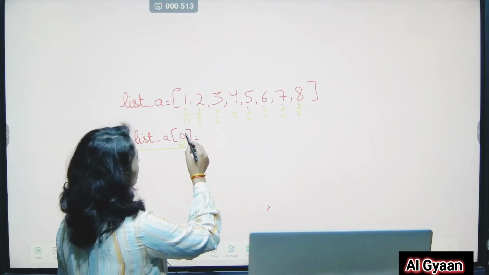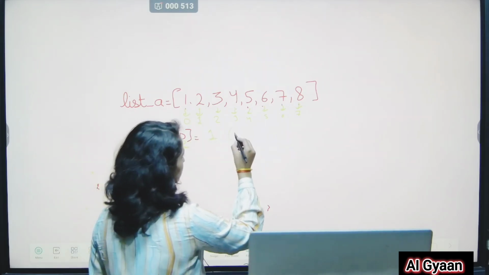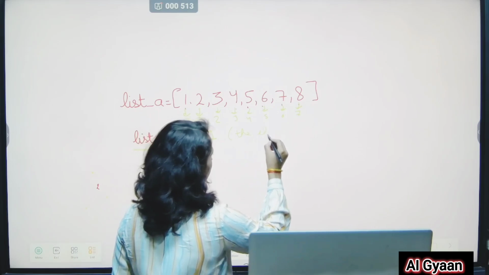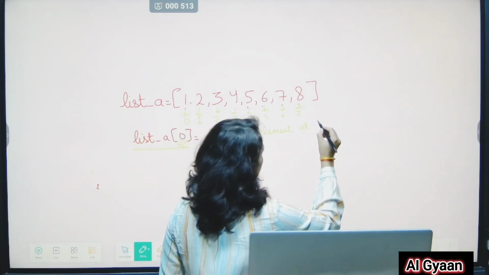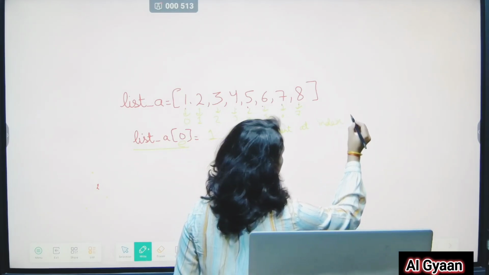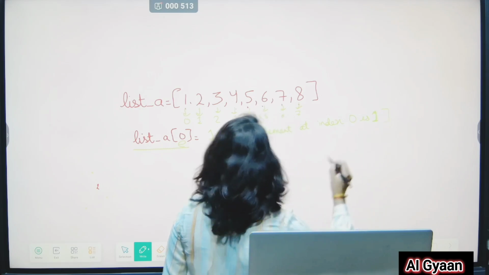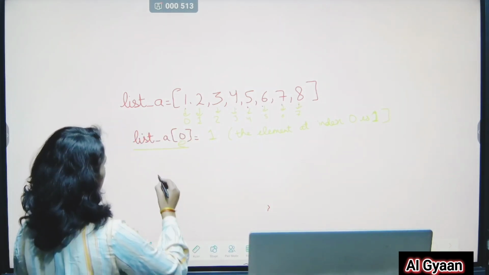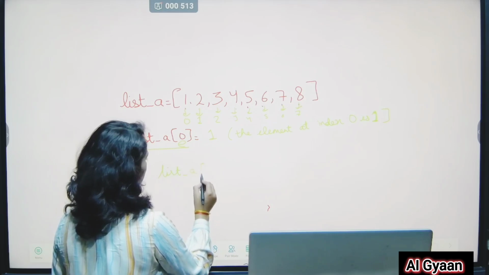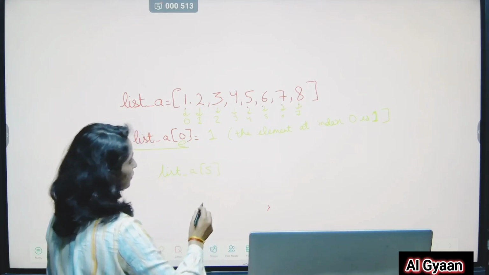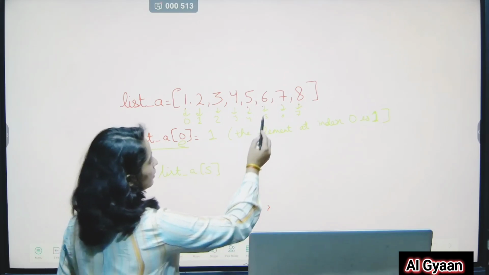The element at index 0 is 1. Similarly, if we have to find the element at index number 5, which element is it?